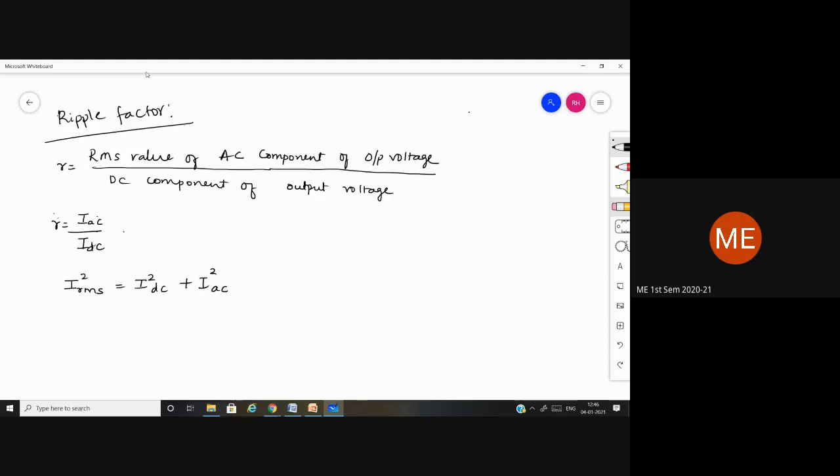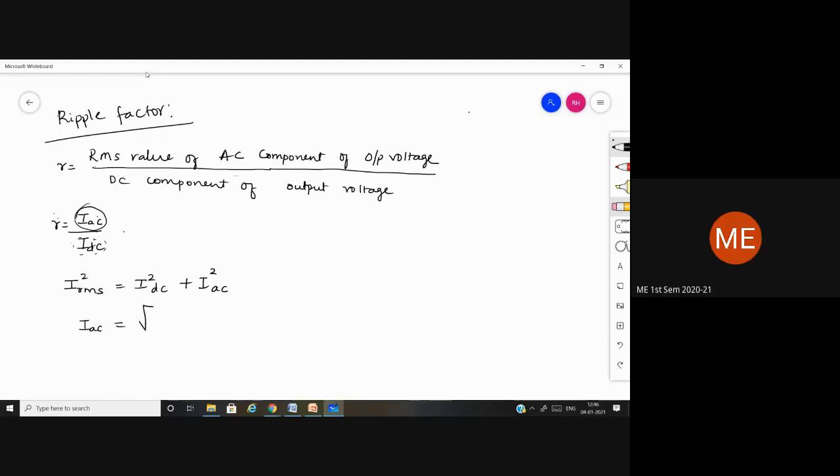IDC. Even though IRMS is almost IAC, we don't have a direct equation for IAC. We have only an equation for IDC. To find an equation for r, we need an equation for IAC.